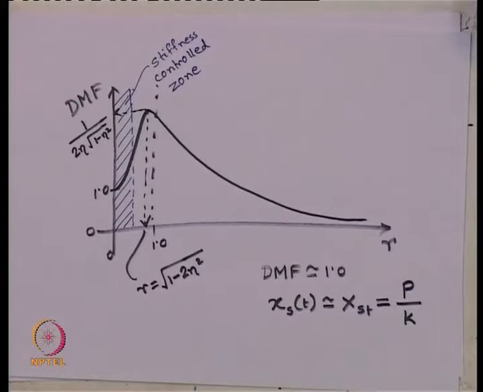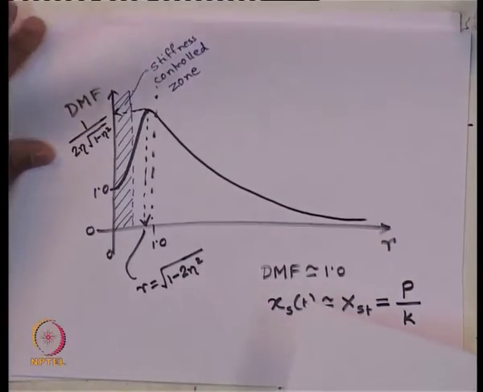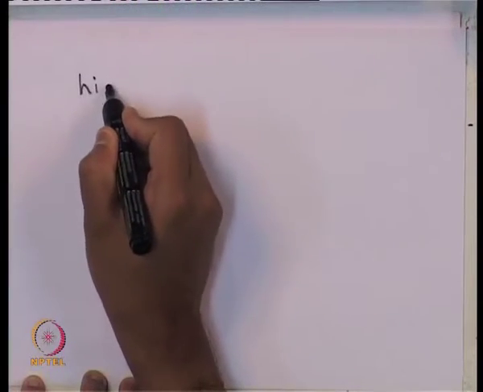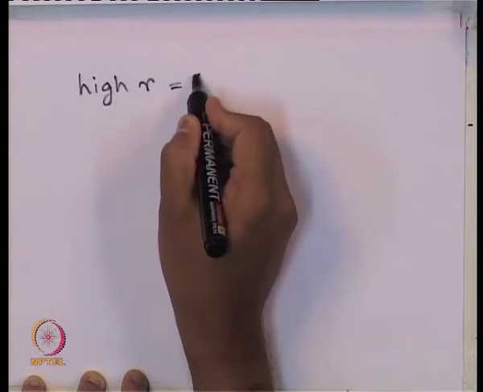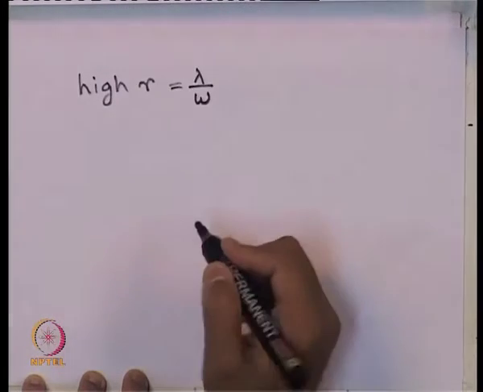Now, let us see what about the other two zones or other two parameters. Let us look at the condition when the frequency ratio is very high. So, for very high value of R, R means lambda by omega.